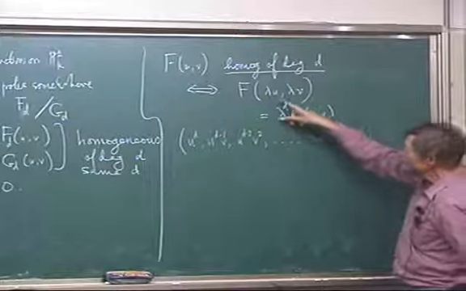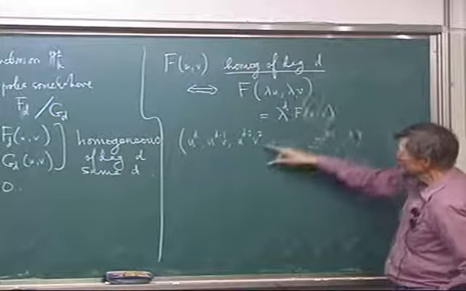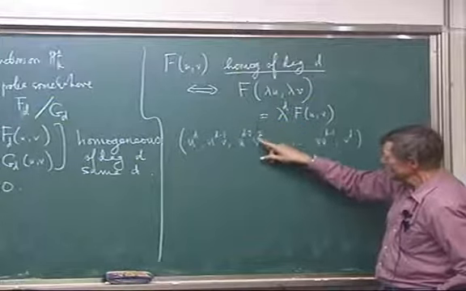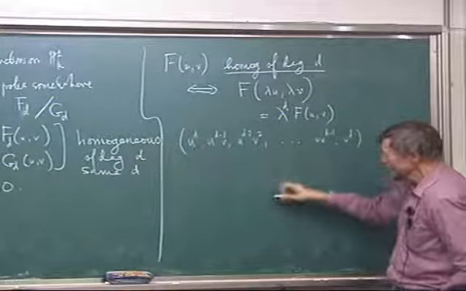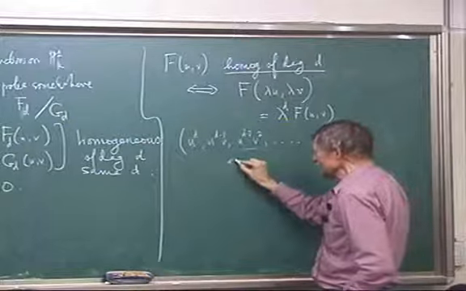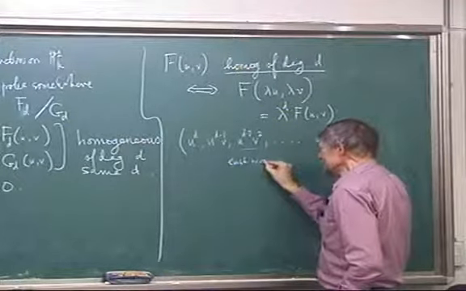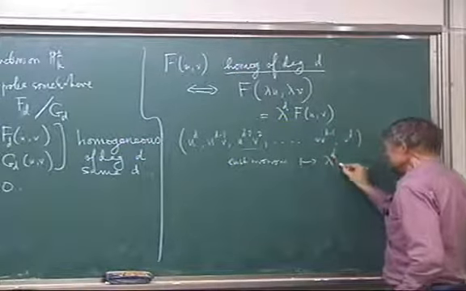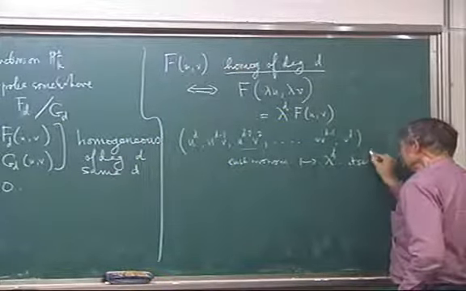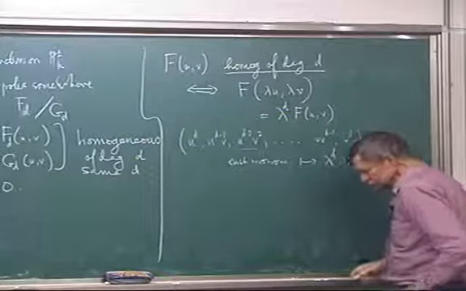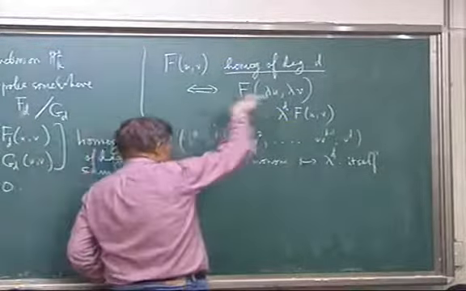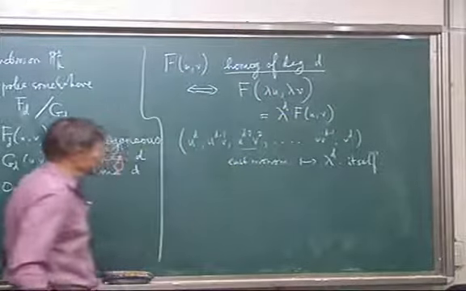And if you substitute lambda u, lambda v here, then each monomial goes to lambda to the d times itself. So the implication that way is obvious, it's just this calculation.